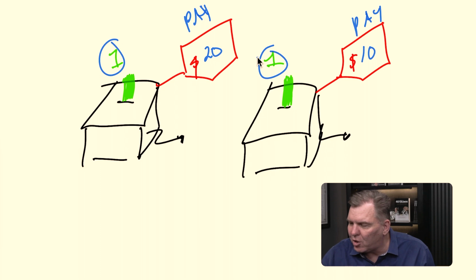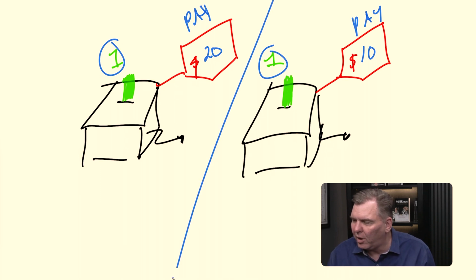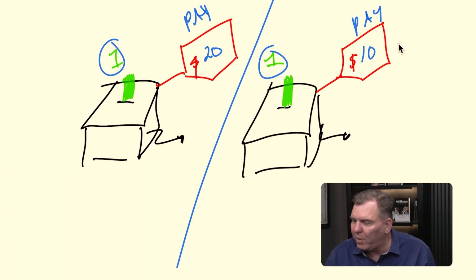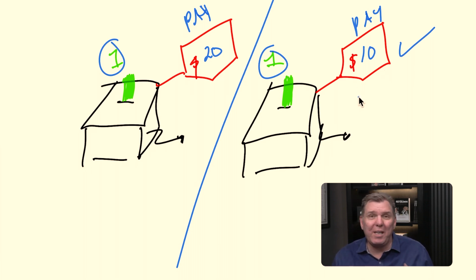So if I have a choice between two, and I say, well, here I'm gonna pay $10 to get $1, and here I'm gonna pay 20 to get $1, which machine is running better? Well, obviously the lower PE, the lower price for the same earnings on its face would be the better value. Now we'd want to consider the growth and we'd want to consider other things, but that's a really good way to think about PE.